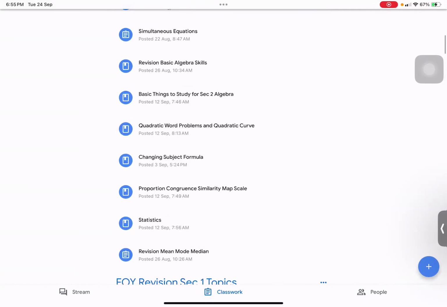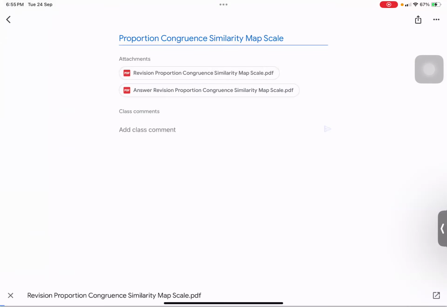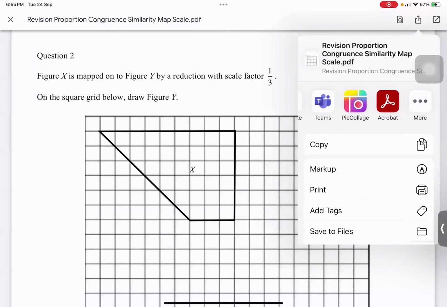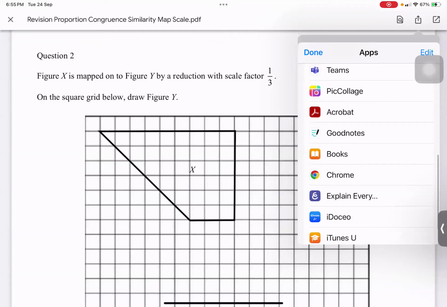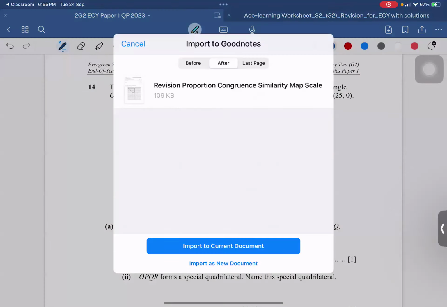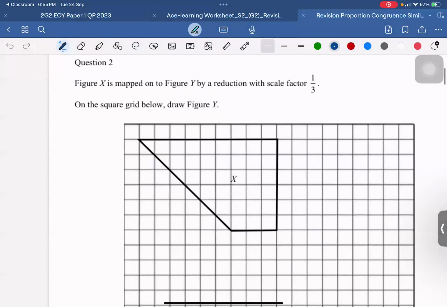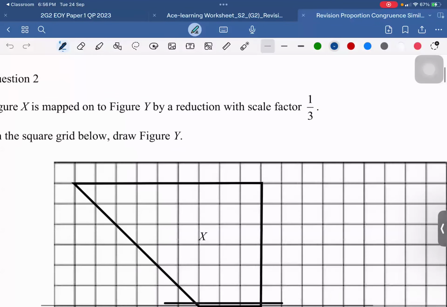Where is my similar triangle? Ah, this one. I want the similar triangle. Do you know how to draw? Must use straight line, need ruler. Do you know the units? Do you know what is scale factor? You times 1/3 like that.